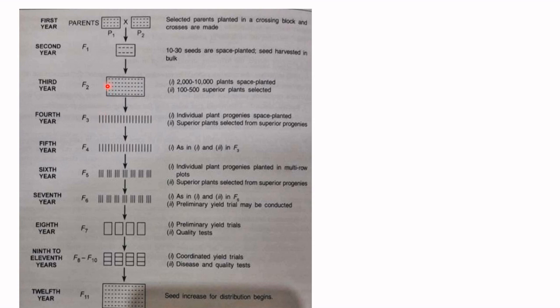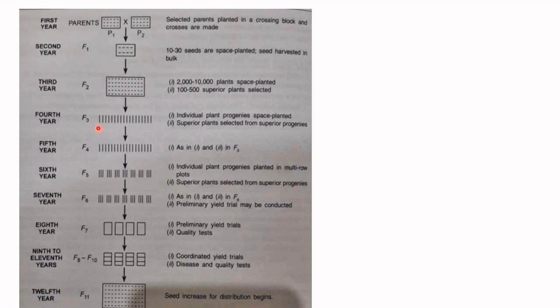That means all the seeds from a single selected individual is grown into a row of plants. And from this single row of plants we are going to select individual plants which are superior in this particular row of plants. Superior plants selected from superior progenies.